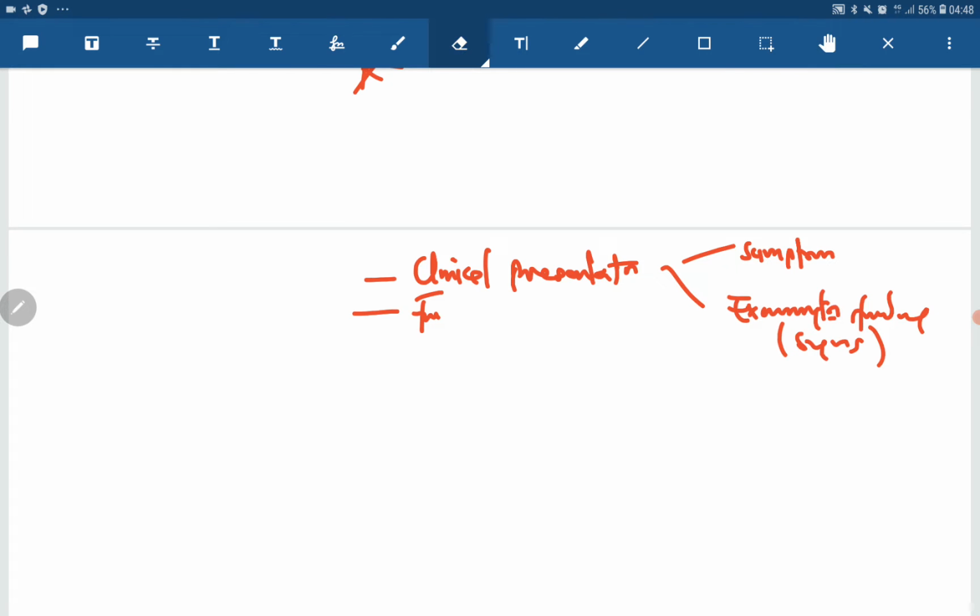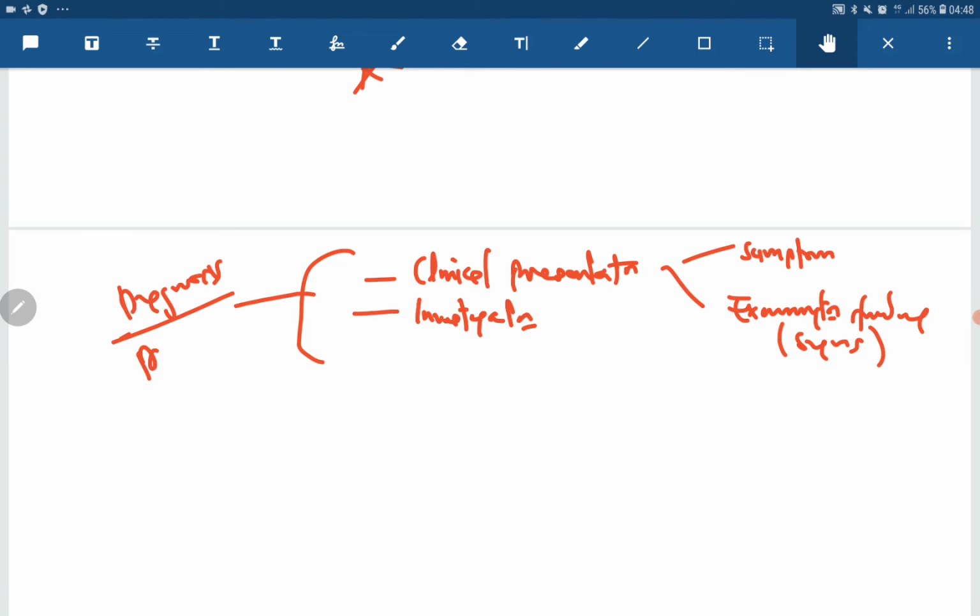Then for the other parts of the management, we involve the investigation. And then this too is more about the diagnosis and then differentials.